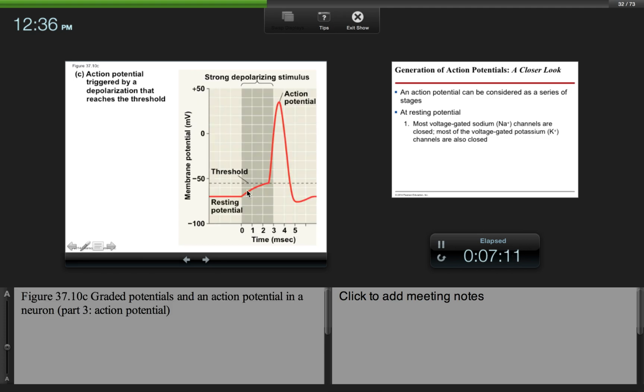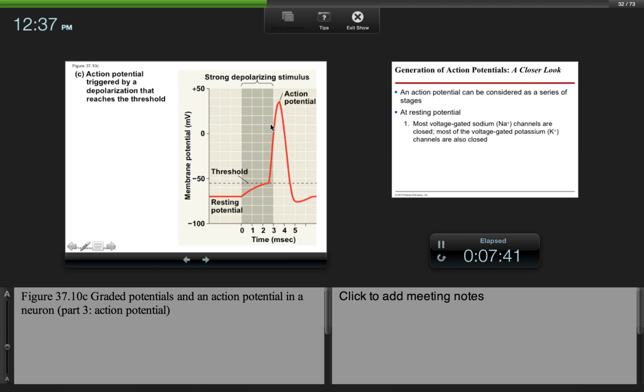Here's our graph again. Here's the resting potential between -60 and -80 millivolts. You have some sort of stimulus. That stimulus causes the membrane potential to change. So we are going closer to this magic number, which is the threshold. Once this threshold gets reached, then an action potential will be generated.